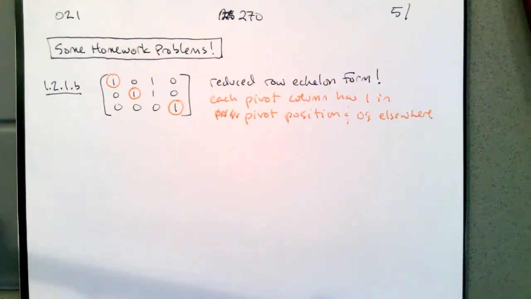If this was the augmented matrix of a linear system, then we would say that the corresponding linear system is inconsistent. This is not the augmented matrix of a linear system. That wasn't part of the problem. We just want to determine echelon form, reduced echelon form, or no echelon form. So that wasn't part of the problem, but it's good to observe these kinds of things.